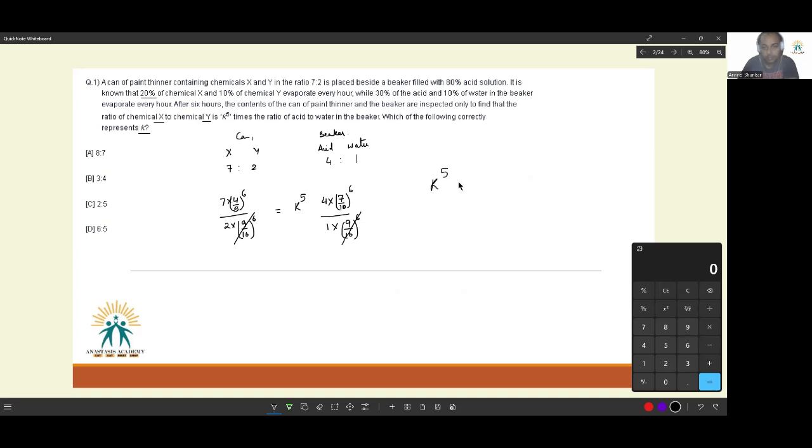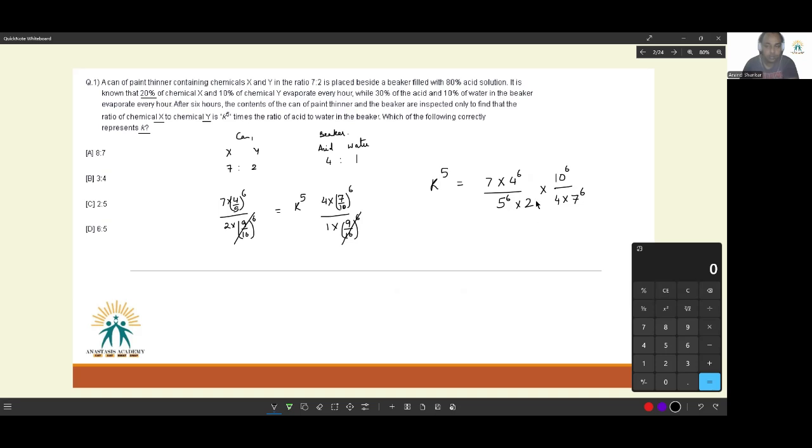K raised to the power 5 is equal to 7 into 4 raised to the power 6 divided by 5 raised to the power 6 into 2 into 10 raised to the power 6, by 4 into 7 raised to the power 6.